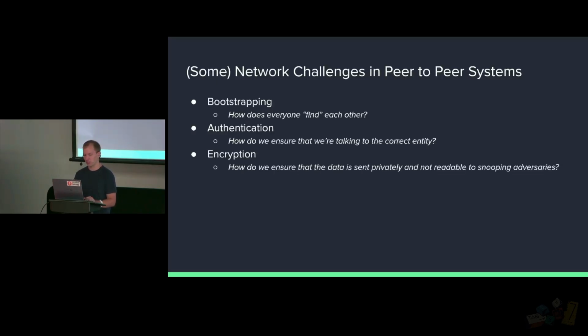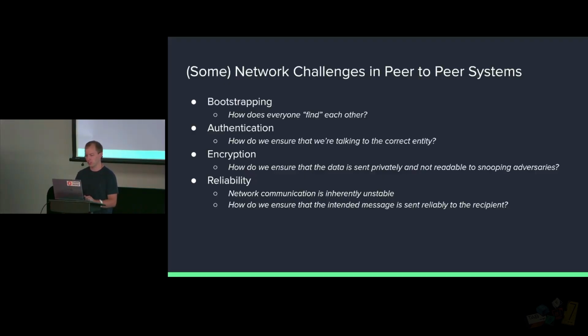Encryption. How do we make sure that the data is sent privately and not readable by a snooping adversary? And reliability. Networks are inherently unreliable. They are unstable. They'll drop packets. And how do we ensure that the intended message is sent reliably to the recipient?